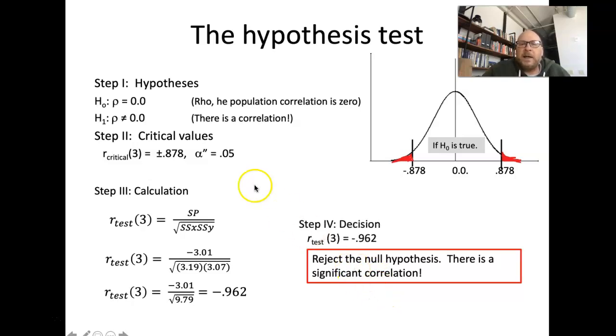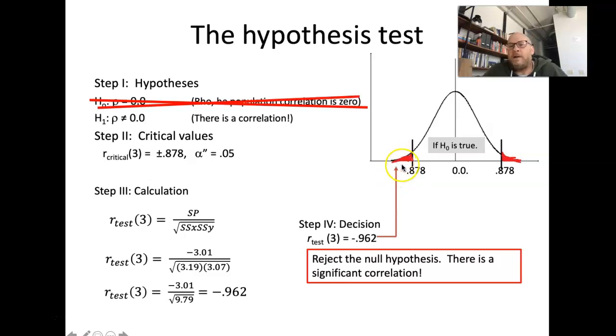Now, the way I did that is there's my negative 0.962. I look up there and I see that it's in that red area. It's in the critical region, so I'm going to reject the null. All right, so this is what that tells me. There is a correlation. What does that mean? Well, in this case, it means that there is a negative association between difficulty and overall quality ratings.